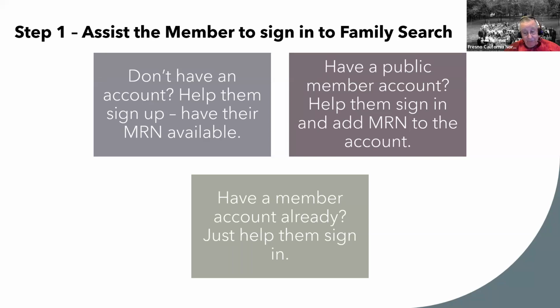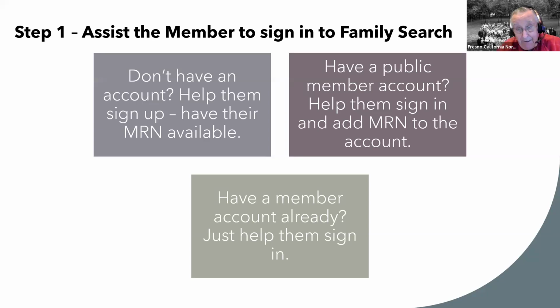So you've got to make sure you've got that available. And so for some of our new members, that's going to be their situation. Nobody's worked with them before in FamilySearch, so therefore they don't have an account at all. So you're going to have to help them set it up from scratch and make sure that it's a LDS account so that they can get to the ability to submit.